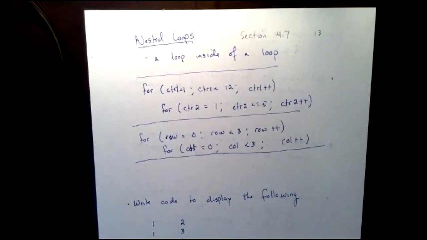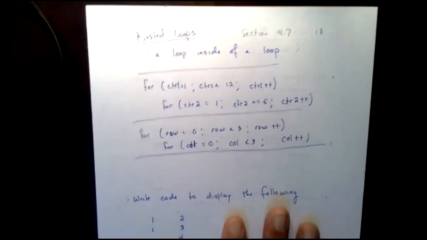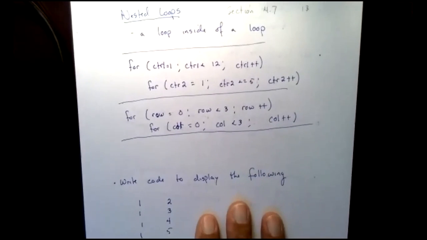And a nested loop is a loop inside of a loop. Just like we had nested if statements, I'm allowed to put whatever code in the body of something that I want to. So we do have these things called nested loops. When we get to chapter 7, you're going to see better use of nested loops, but we're introducing them now because we're in the loop chapter. And the first example I have is a nested loop.